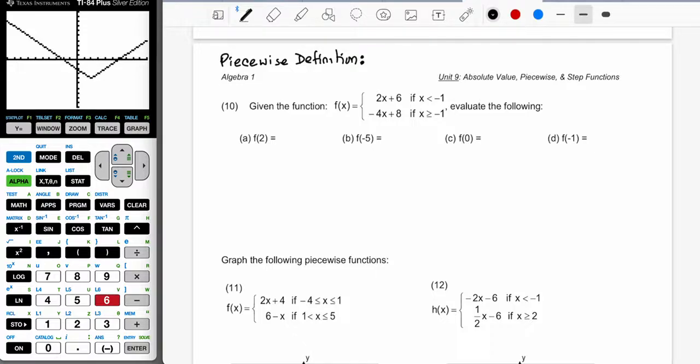So the piecewise definition: a piecewise function is a function containing two or more pieces plotted on the same set of axes.